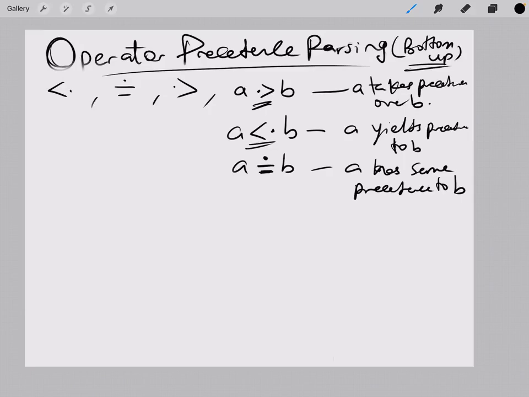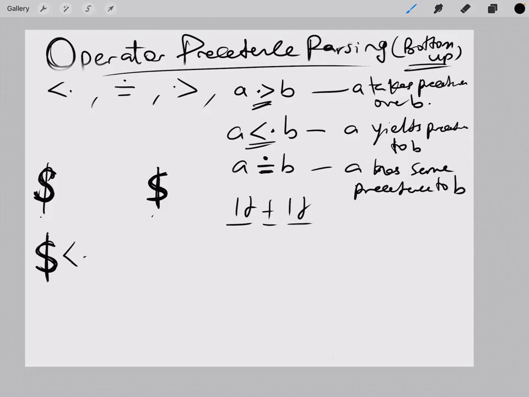Since we are dealing with the stack and the input buffer, we have the bottom of stack marker and the right end marker for the input symbol. These are the beginning and the end. But how does the delimiting of the string actually look? This is how it will look. In the case where we have the string id plus id, we are delimiting all of these.